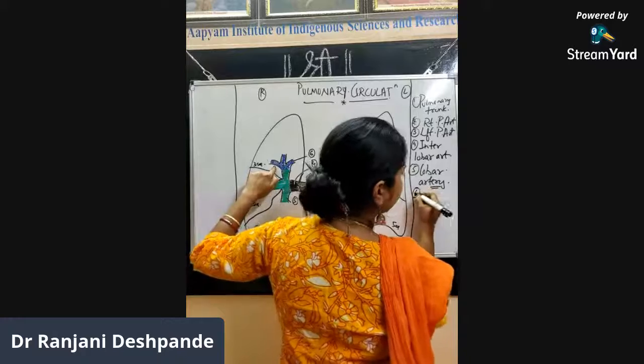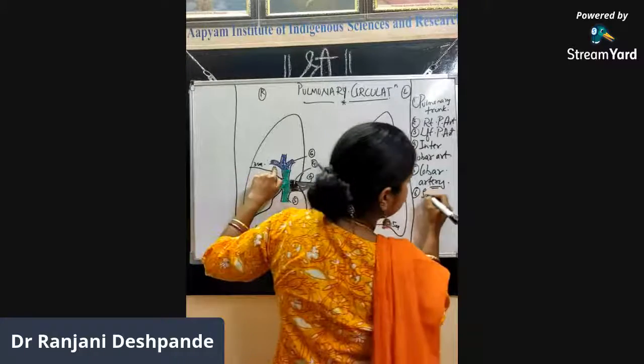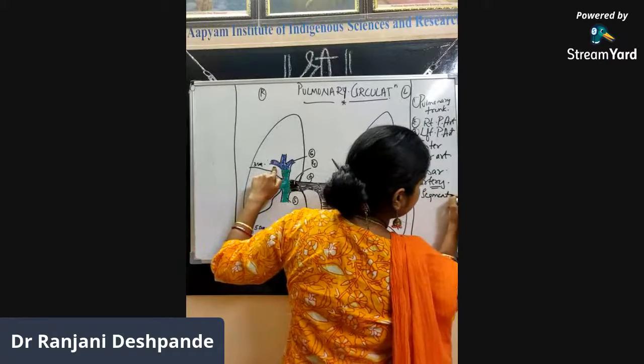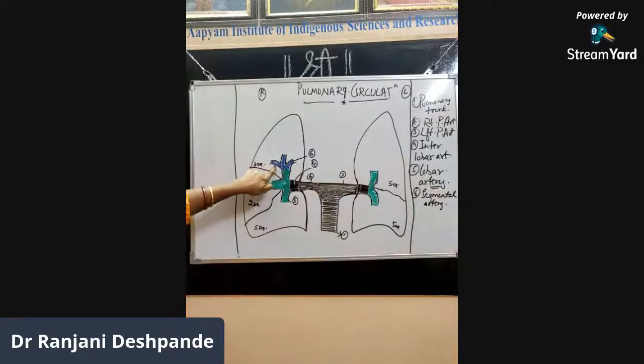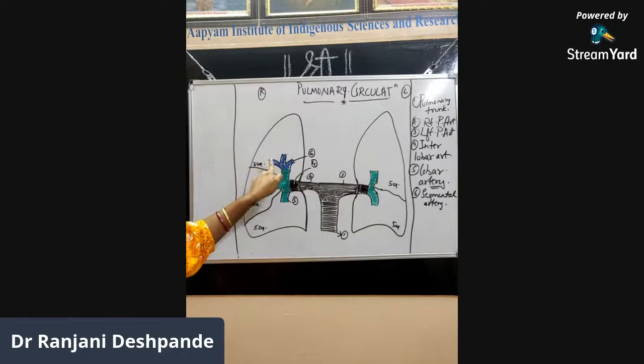So the further continuation of the lobar artery is called the segmental artery. Why? Because this artery will be giving blood to the segment level. So that is why it is called the segmental artery.